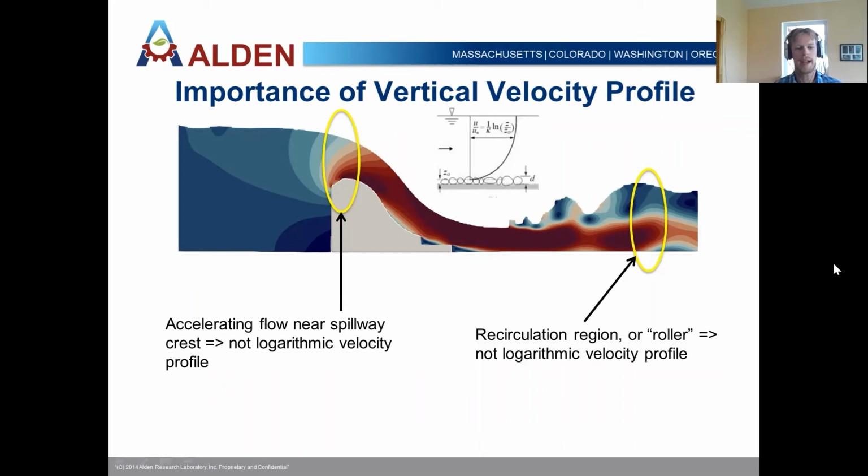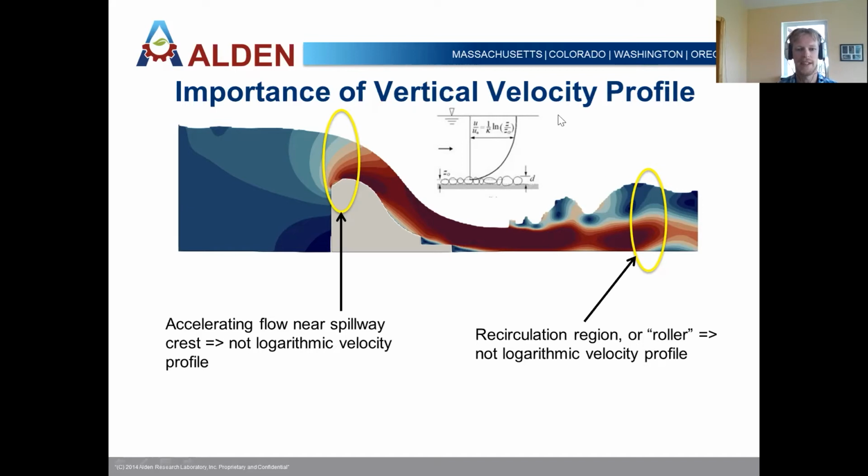So back to those two areas where a logarithmic velocity profile doesn't hold true. First is this accelerating flow near the spillway crest. As you look in that first yellow circle, you can see the red is higher velocity, and that is where your highest velocity is, and you actually have your slowest velocity at the surface. So that clearly doesn't follow this logarithmic velocity profile.